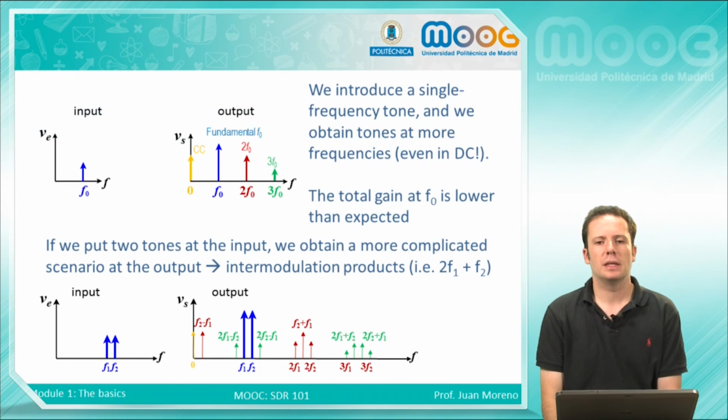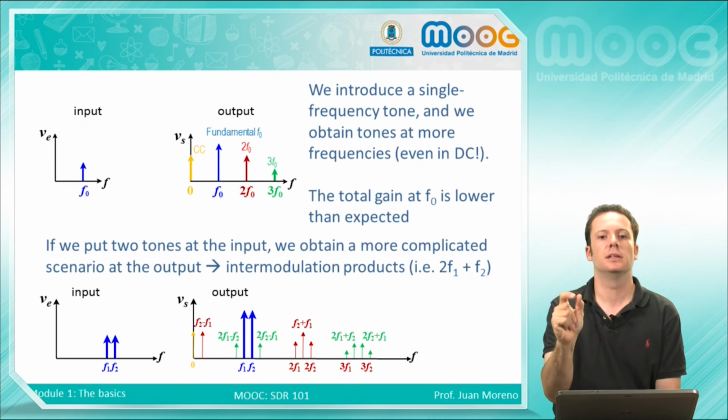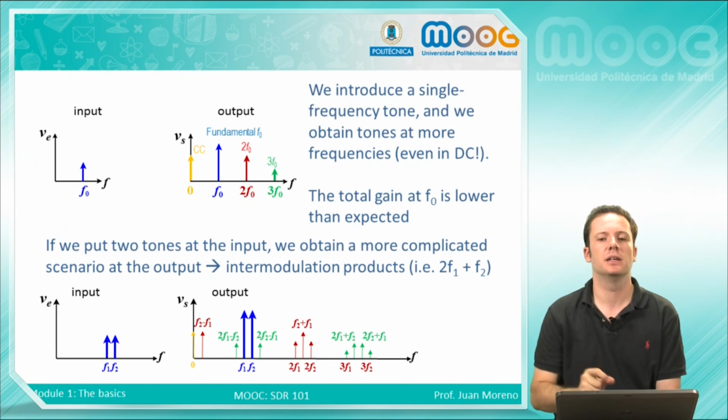Another way that you can see the distortion is in the frequency domain. For example, let's look at the picture on the top. You introduce one tone. A tone is a signal which only has one frequency. Its spectrum is very, very narrow. And you want to amplify that signal. So you expect only one signal at the same frequency.